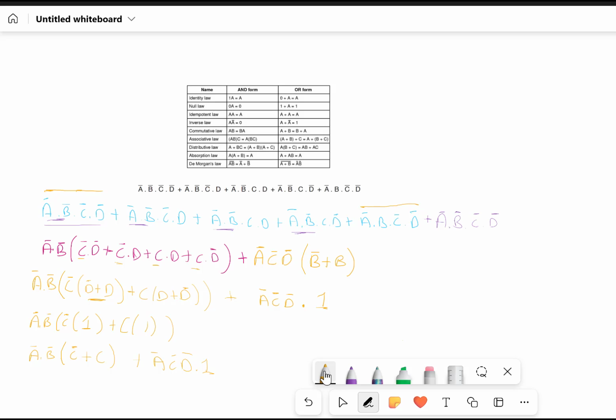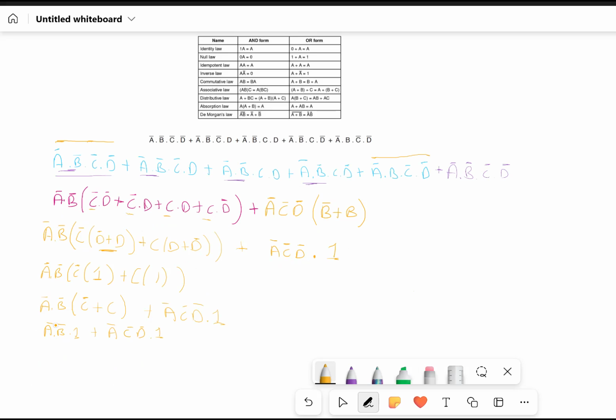And we know that this would be 1 again. So we have not A. And we know that identity law, we get rid of these ones, so it's just going to be... but we're not done.